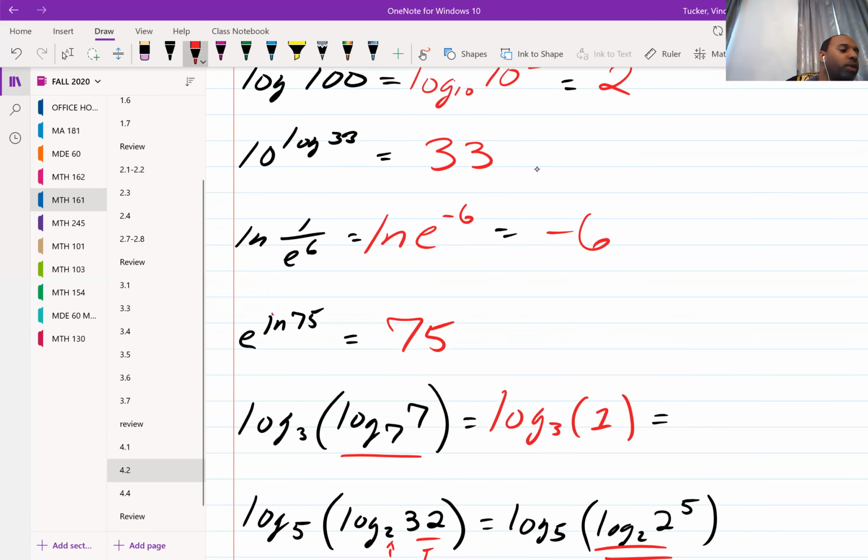And log of 1, any log of 1, will give you just 0. All right, any problems with that?